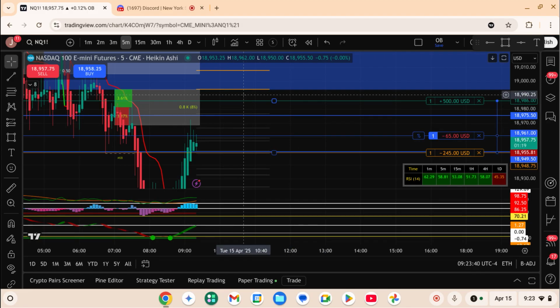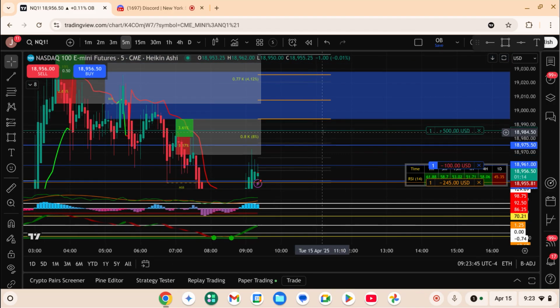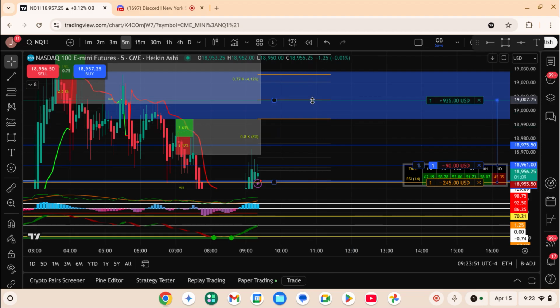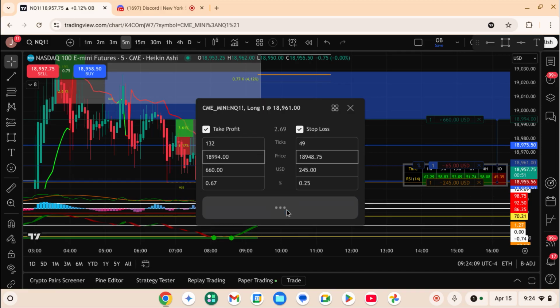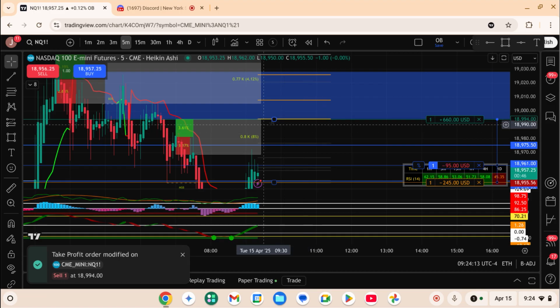Let me see something. Yeah, so if it does happen to break out of this top blue one here, that's the 4 hour break of structure. It's more than likely going to take out at least, where did I go?